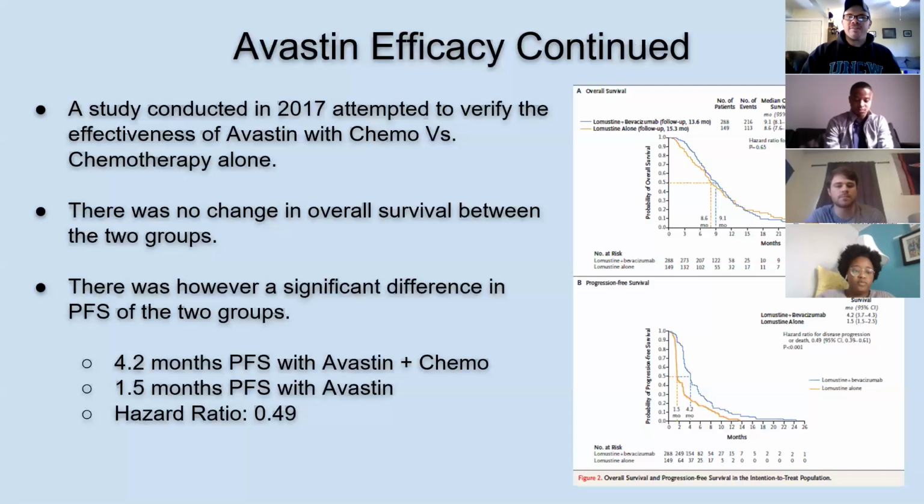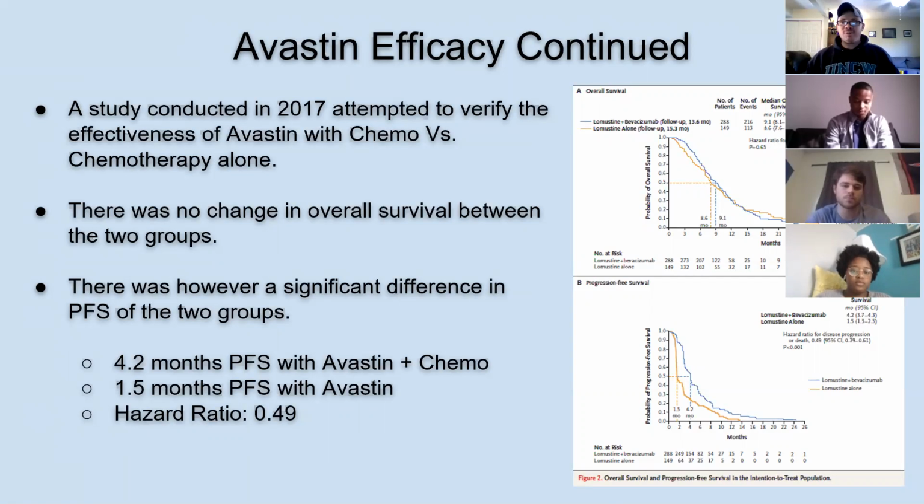So in 2017, they wanted to see what Avastin with chemo was doing compared with chemotherapy alone, right? Really, they wanted to see what a phase 3 trial would look like, since everything was approved in the US based on the phase 2 trials.